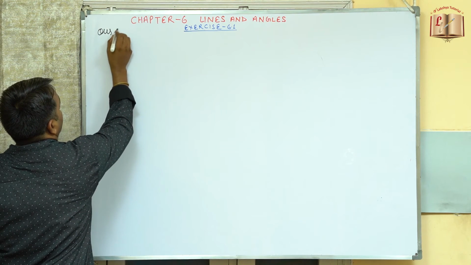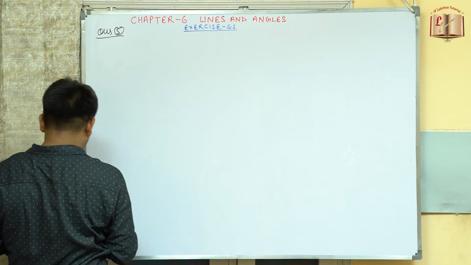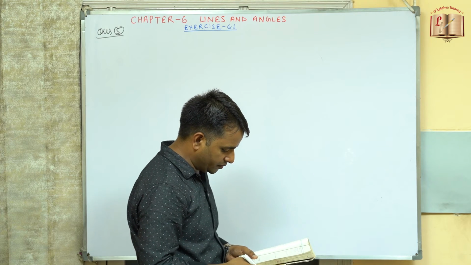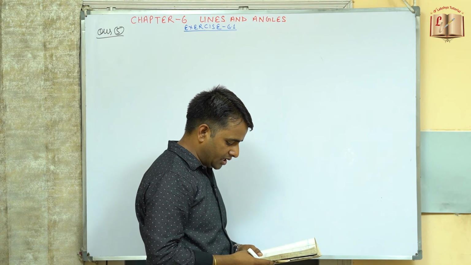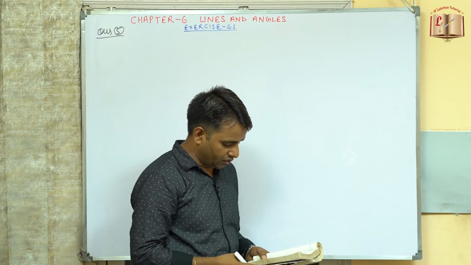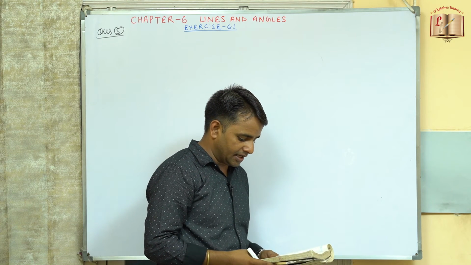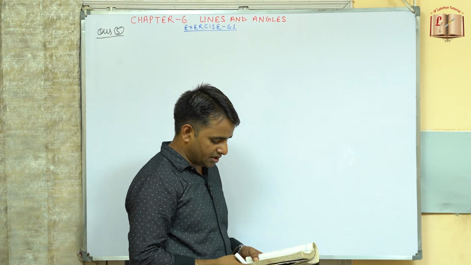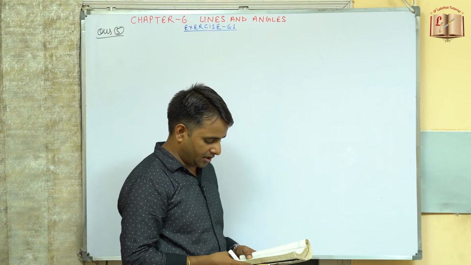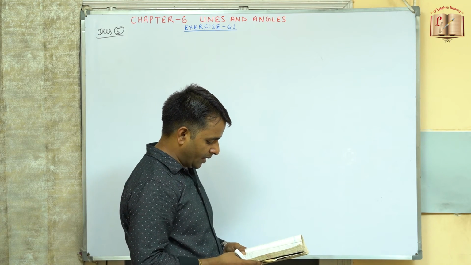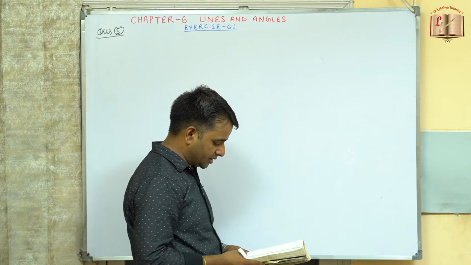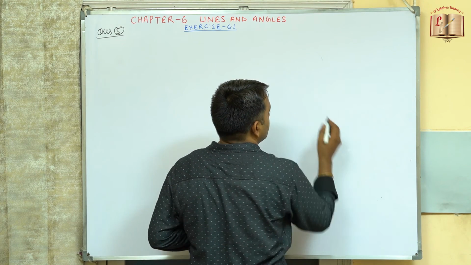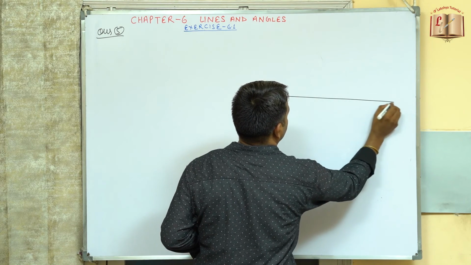Now coming to question number 5. In figure 6.17, POQ is a line, ray OR is perpendicular to the line PQ. OS is another ray lying between OP and OR. So OS is not the angle bisector, it is simply a ray between OP and OR. Now we need to prove that angle ROS is equal to half of angle QOS minus angle POS. So first of all we will make this figure.